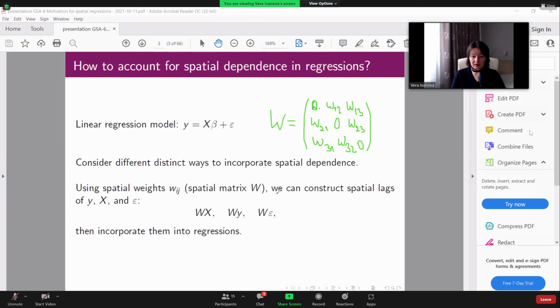Then we multiply this matrix by either values of x variables or the vector of y. Then we get spatially weighted variables. Then we include the spatially weighted variables into regression.